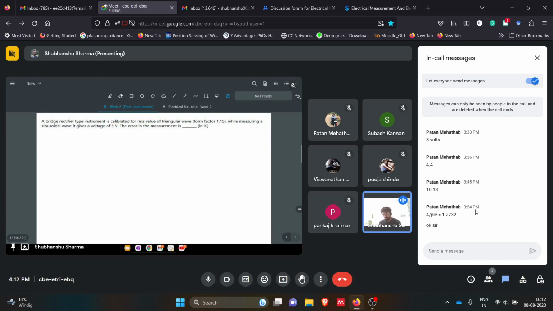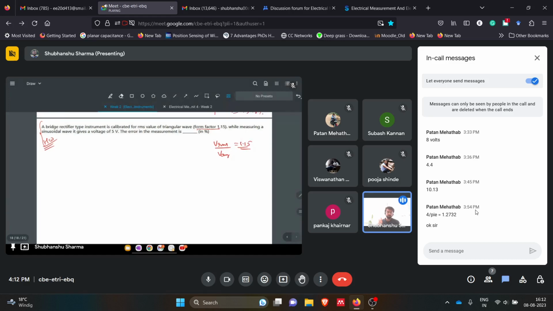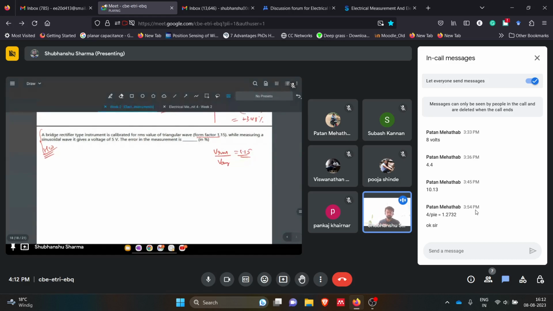This other question is of the same type. I will leave this for homework. Form factor, you know, is Vrms by V average. If you see the answers for these types of questions in a textbook, people have done them directly using this form factor.